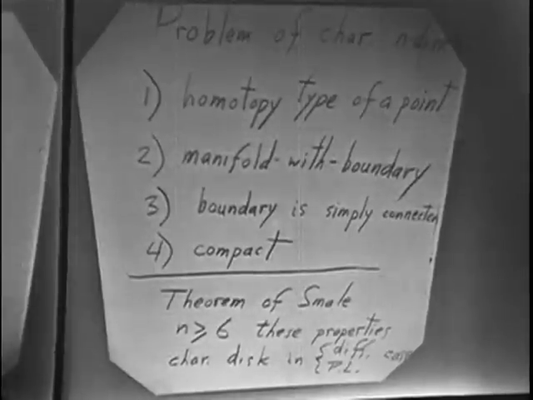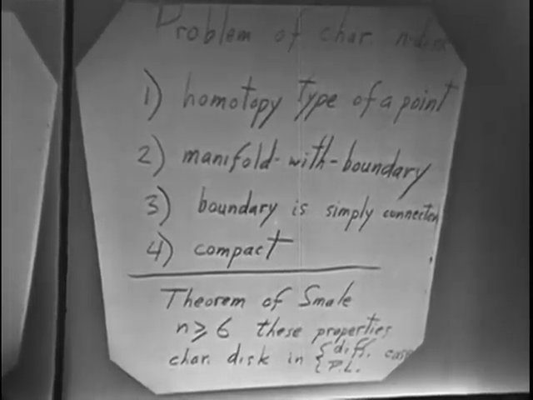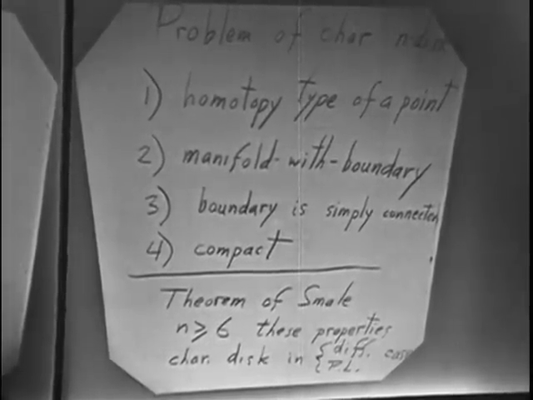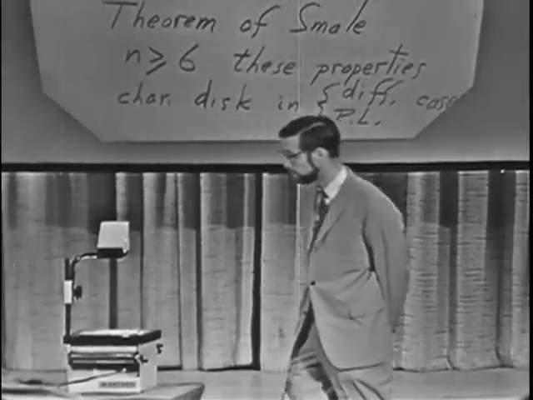This is proved by an extremely complex argument, which I, again, don't have time to go into. But you see, on this level, as long as we're worrying about a disk, it doesn't really matter whether we're dealing in the differentiable or the piecewise linear case. The proofs go along very much in parallel. Either can be proved in parallel, or one can be proved first and the other can be derived from it.